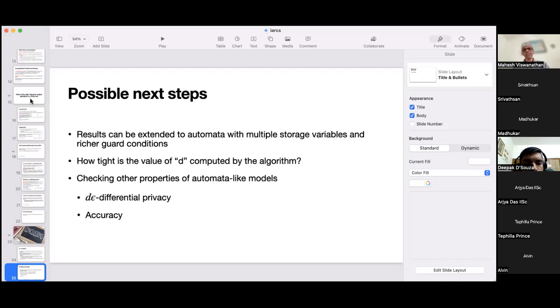So is your question, does it help come up with algorithms? I don't know if it helps come up with algorithms. I think we've mainly been looking at the verification question. One could potentially look at, let's say, the synthesis question, maybe.